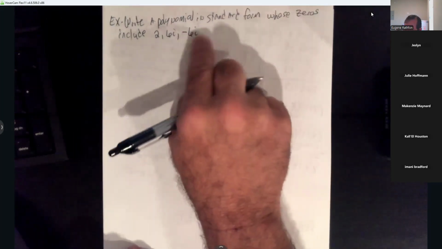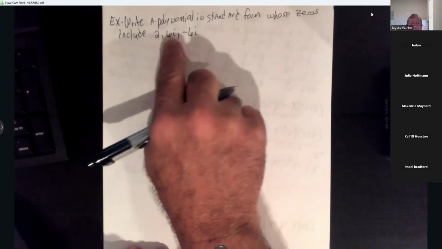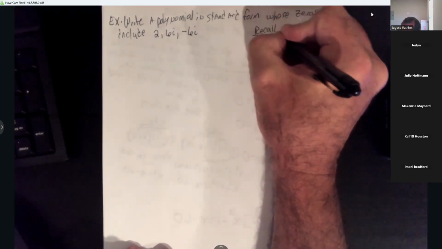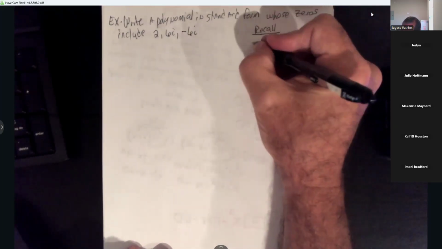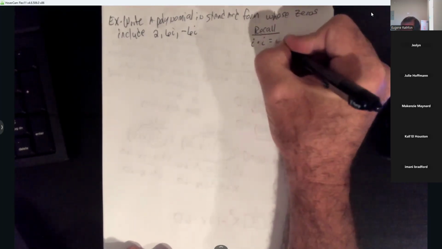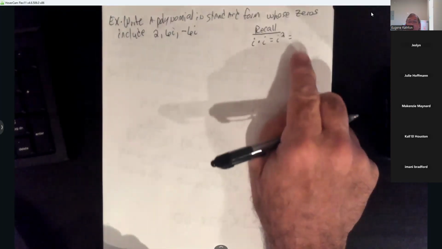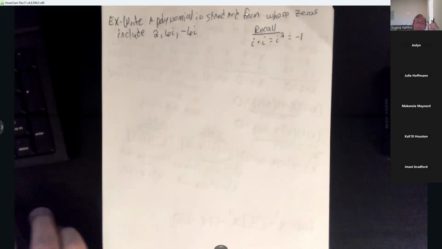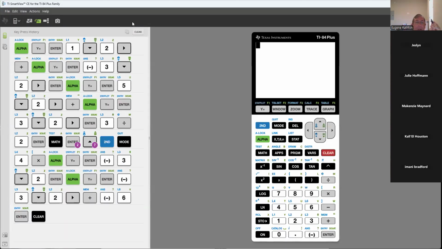Alrighty, so let me give y'all a little refresher on these i's here. If I multiply i times i, that equals i squared. Well, y'all, i squared equals -1. And let me show y'all that. Let's go to the calculator. Let me clear everything off.